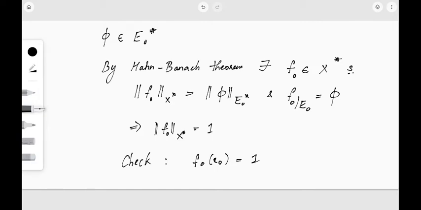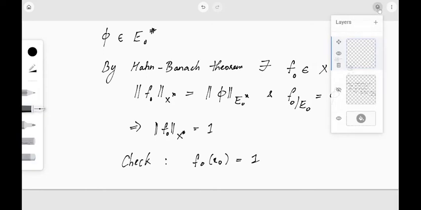How can we do that? Now x₀ is an element of E₀, because E₀ is spanned by x₀. And f₀, whenever acting on elements of E₀, is nothing but phi itself. So now let me just take a new page.